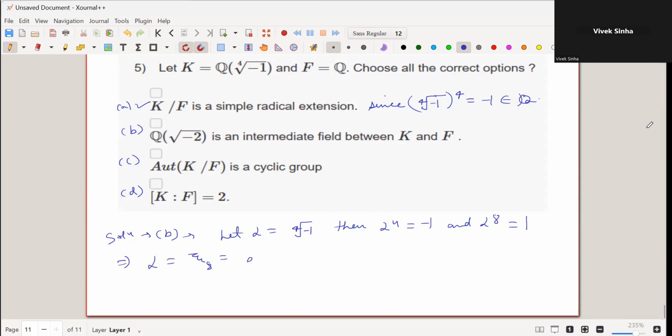So this is e raised to 2 pi i by 8, and that is cos pi by 4 plus iota sine pi by 4, which is (1 plus iota) by root 2, because cos pi by 4 and sin pi by 4 are both 1 upon root 2. Okay.